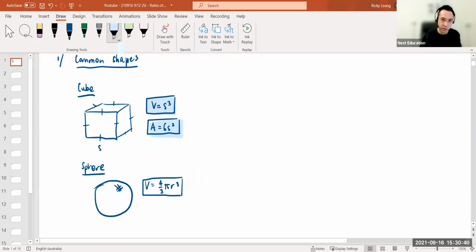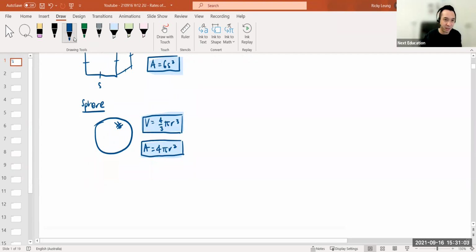Now, I never understood the connection, but it seems too nice to be a coincidence that if you differentiate this with respect to r, the 3 comes down, cancels out, and you get 4 pi r squared. I don't know, maybe you guys can tell me whether it's a coincidence or not. Google it and let me know in the comments.